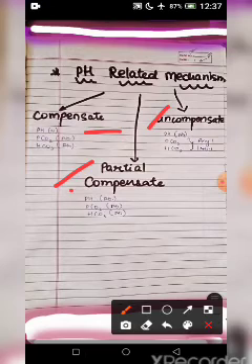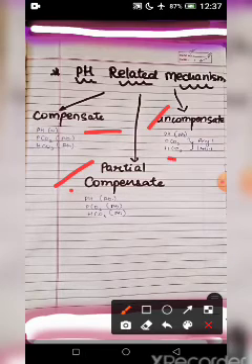In case of compensated mechanism, pH level is normal, and PCO2 level and HCO3 level will be abnormal. So the MCQ related to this will have pH normal and CO2 and HCO3 levels abnormal.